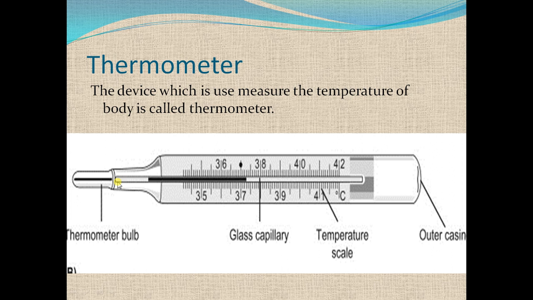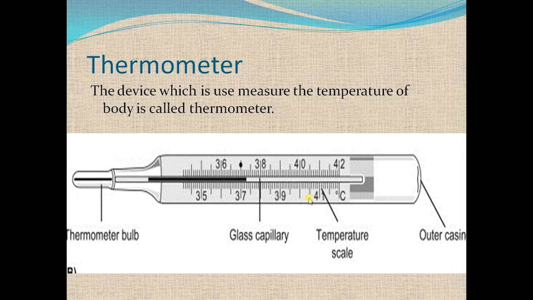The capillary tube is partially filled with mercury or alcohol and sealed. So there is a seal. There is a glass casing outside the capillary tube which has a scale marked on it.